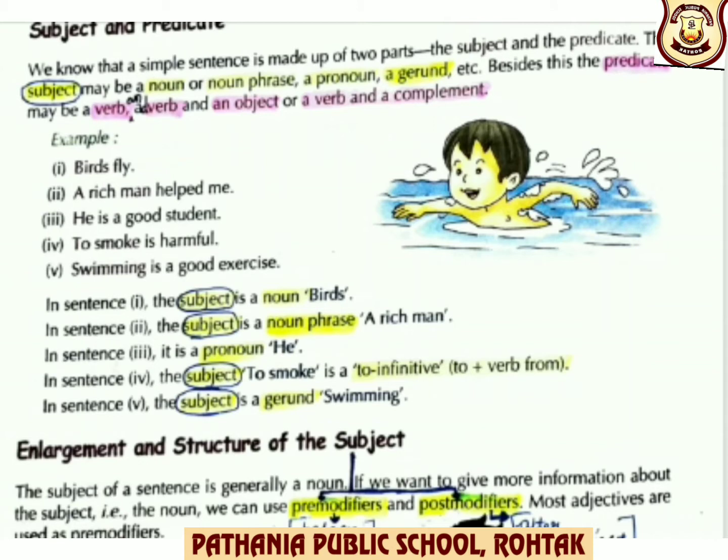In sentence 4, the subject is to infinitive, that is to smoke. In sentence 5, the subject is a gerund, that is swimming. Gerund we know, children, verb plus ing form that act as a noun in a sentence.